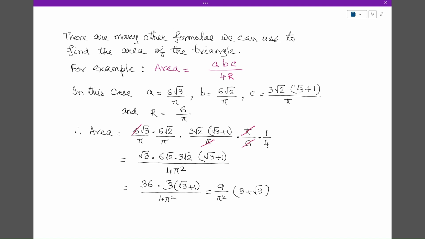So you get area is equal to square root of 3 multiplied by 6 root 2 multiplied by 3 root 2 multiplied by square root of 3 plus 1 divided by 4 pi square, which is 36 multiplied by square root of 3 multiplied by square root of 3 plus 1 divided by 4 pi square, is equal to 9 by pi square multiplied by 3 plus square root of 3.